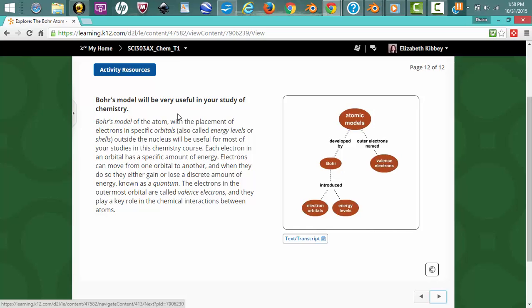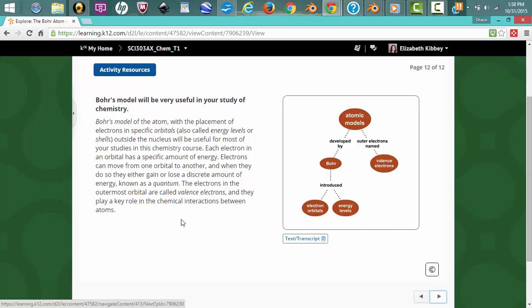Okay, so Bohr's model will be very useful in your study of chemistry. Bohr's model of an atom, with the placement of electrons in specific orbitals, also called energy levels or shells, outside the nucleus, will be useful for most of your studies in this chemistry course. Each electron in an orbital has a specific amount of energy. Electrons can move from one orbital to another, and when they do so, they either gain or lose a discrete amount of energy known as a quantum.